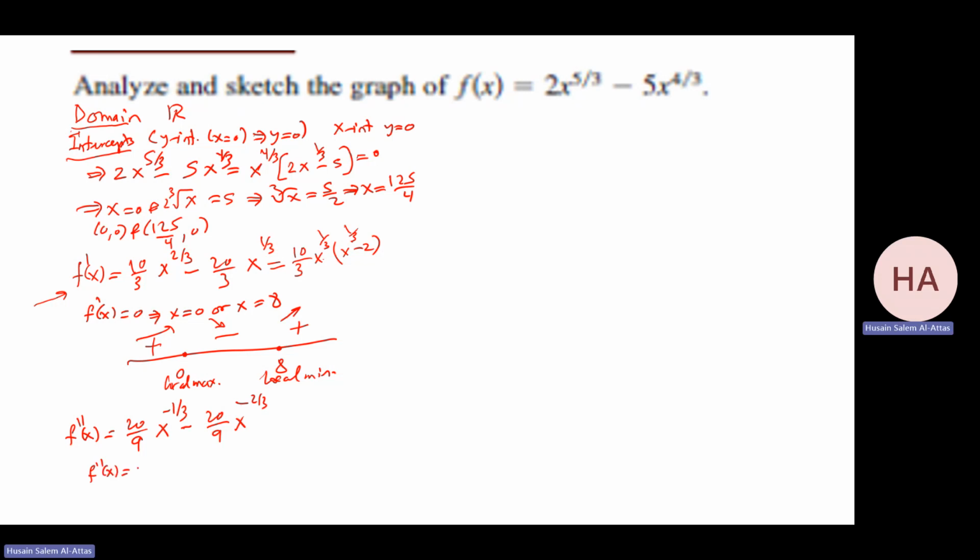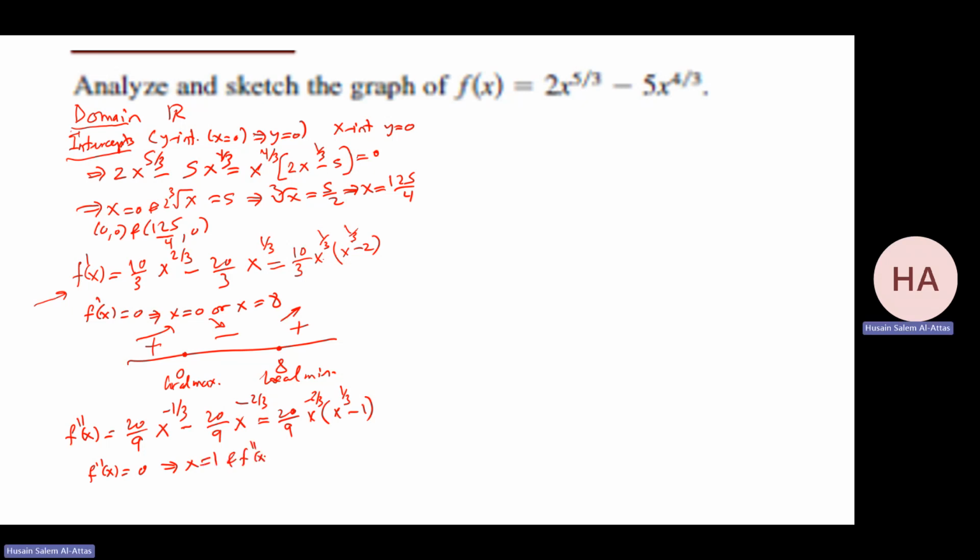If f double prime equals 0, which is 20 over 9 x to the power minus 2 over 3 times (x to the power 1 over 3 minus 1), so I have x equals 1.